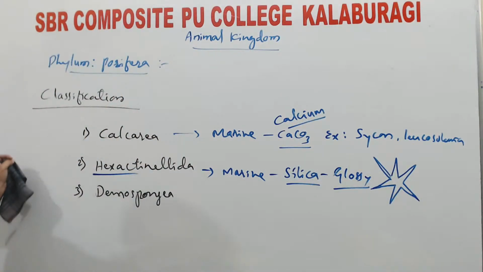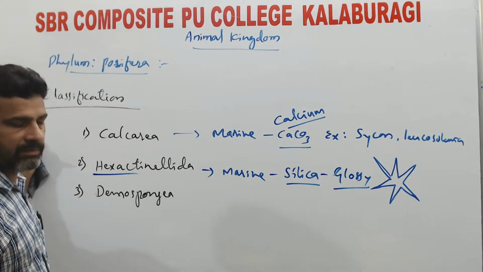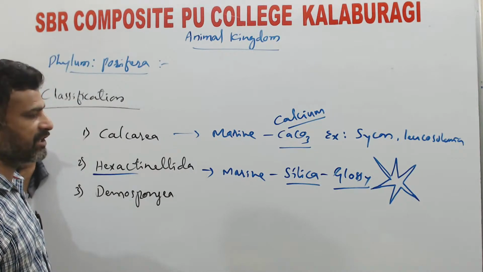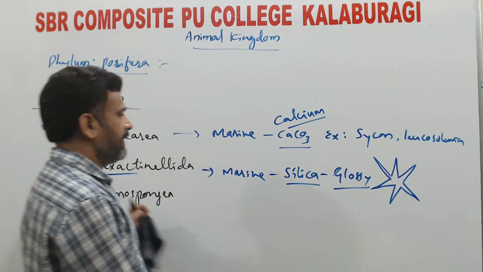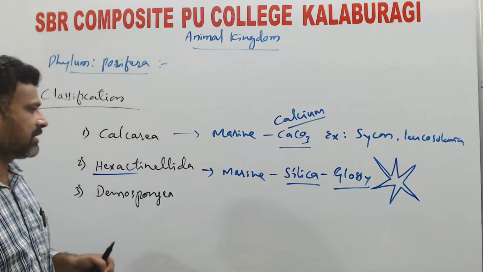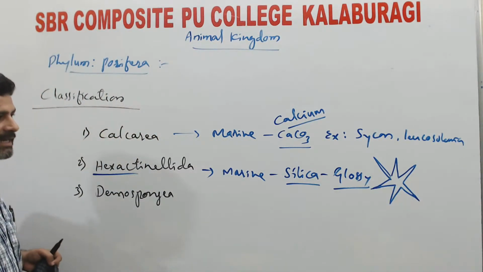Thus it gives the internal skeletal structure and the different shape to the body. The skeletal structures or spicules are made up of silica.